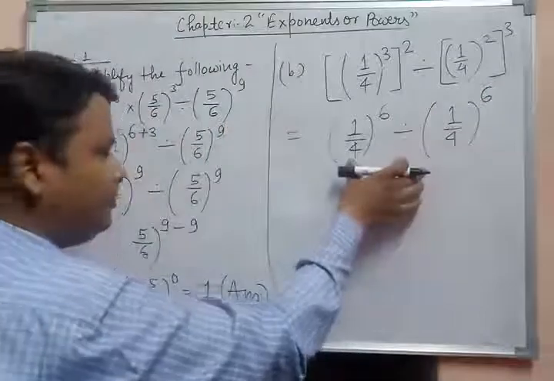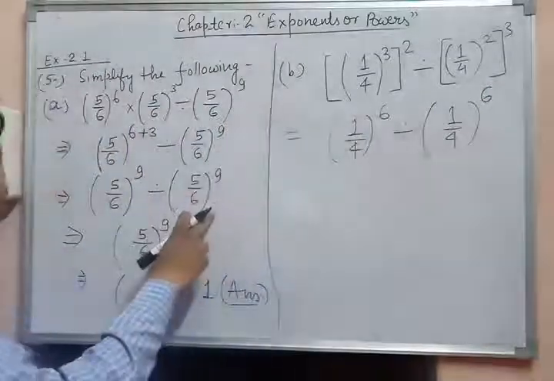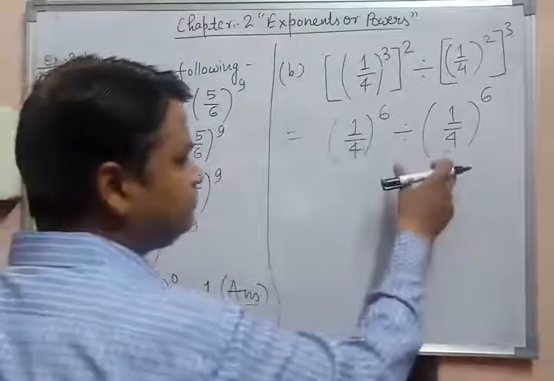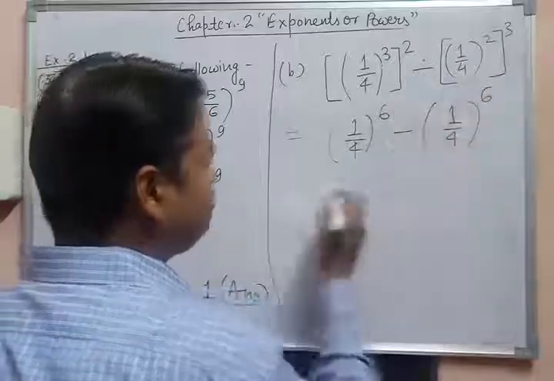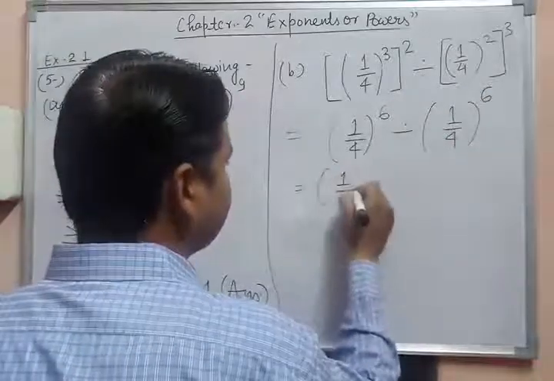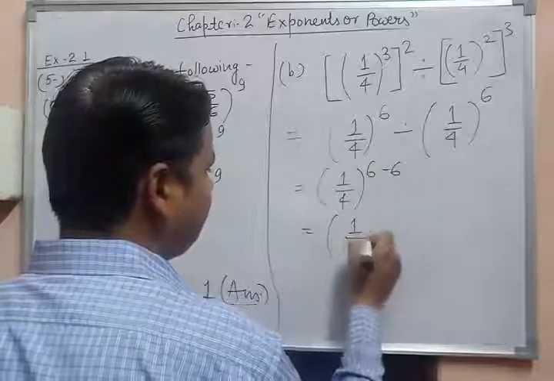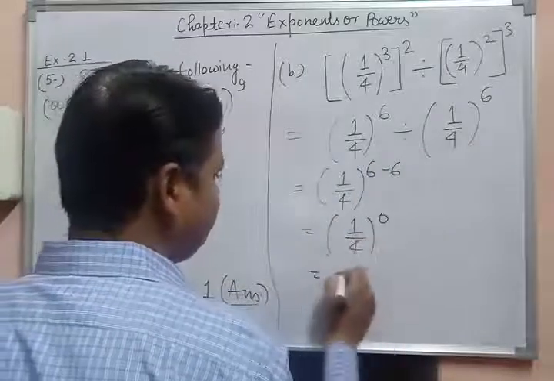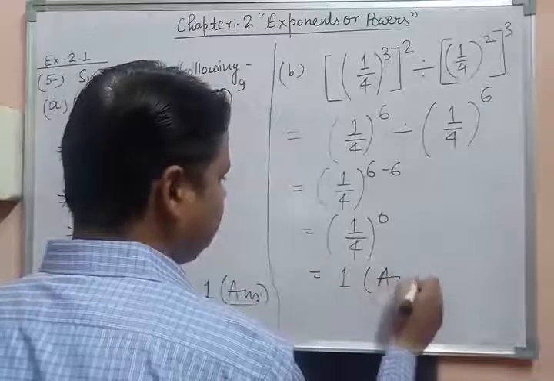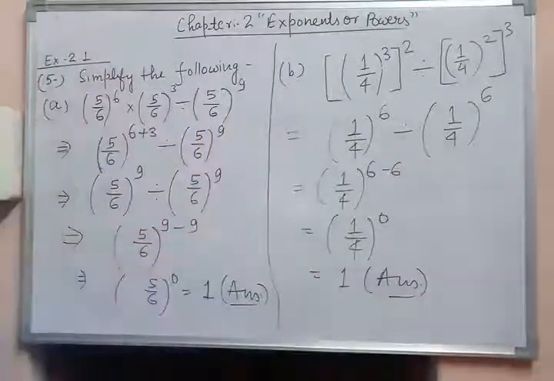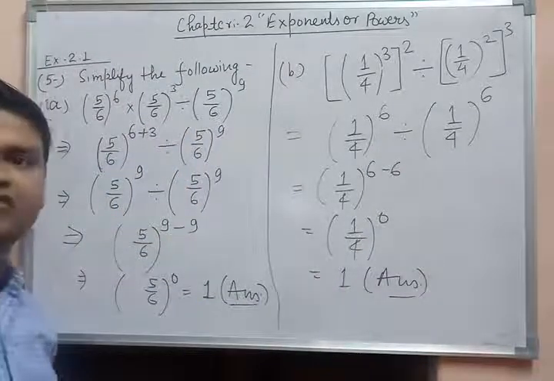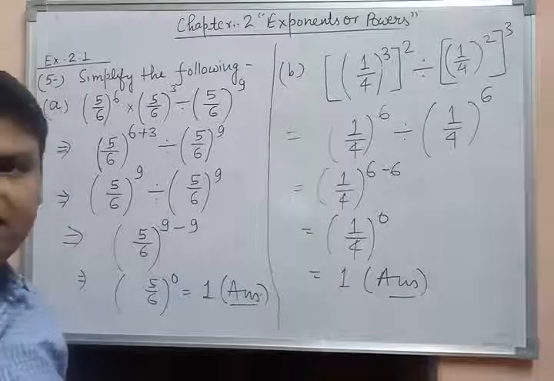So this problem becomes the same as this one: the bases are the same and the powers are also the same. 6 minus 6 gives 1 upon 4 to the power 0, and the value is 1. So students, pause the video to note it down in your copy or take a screenshot.